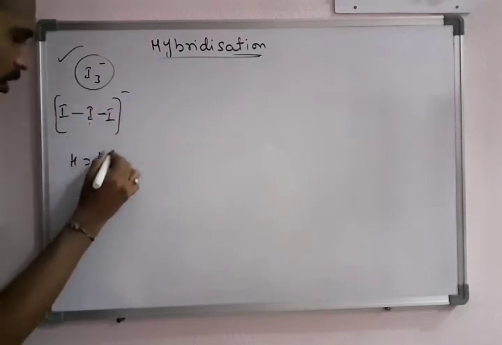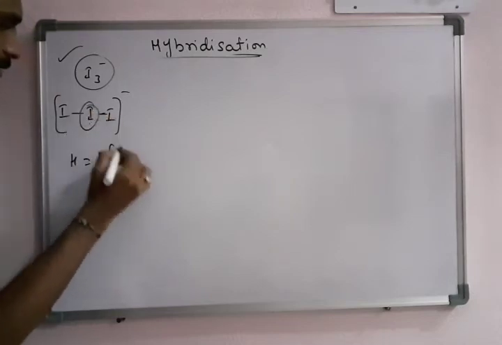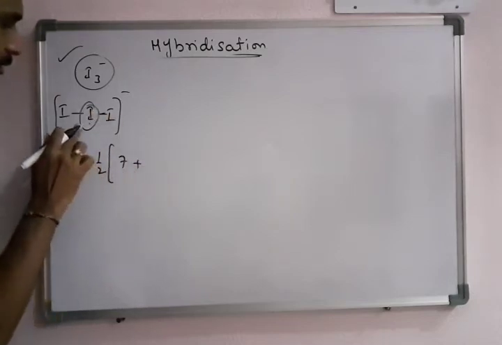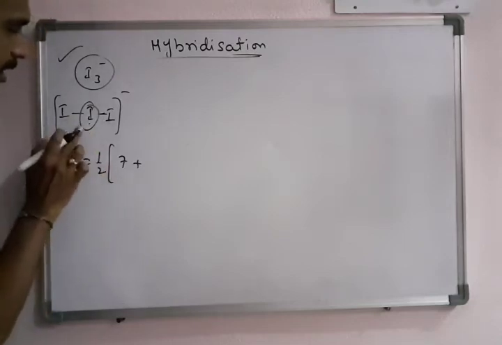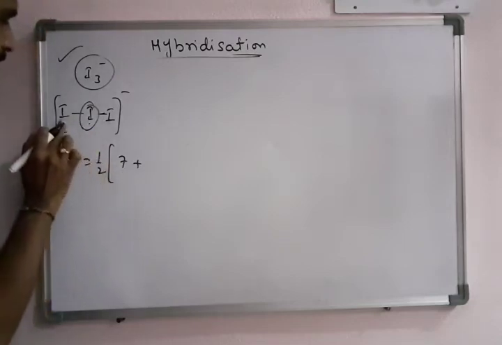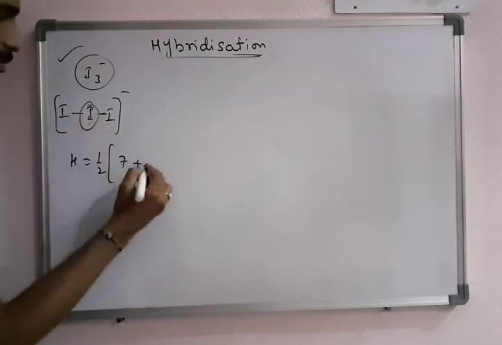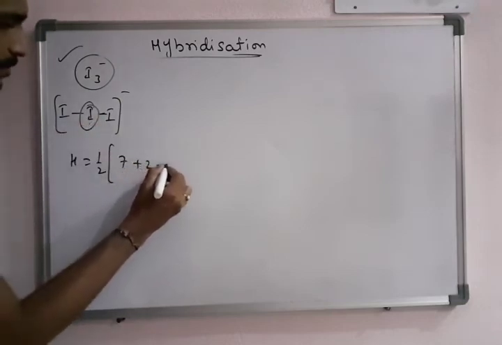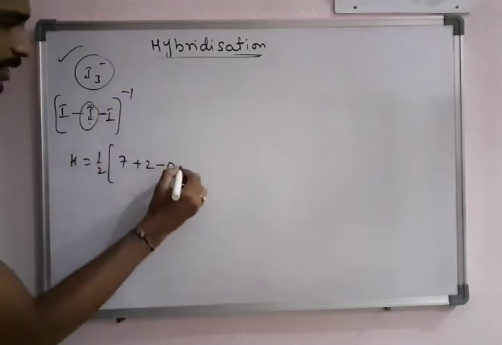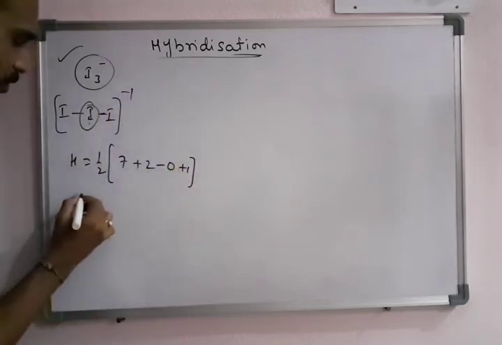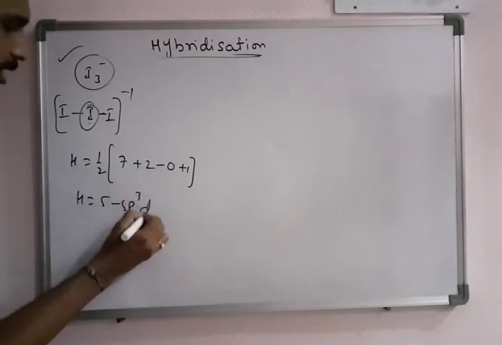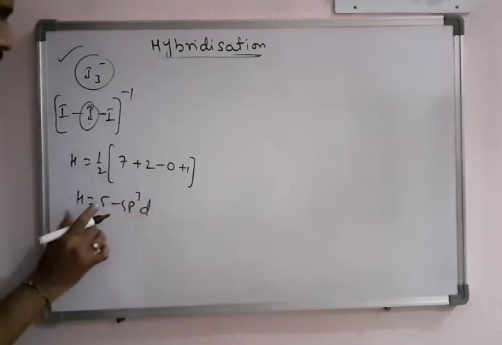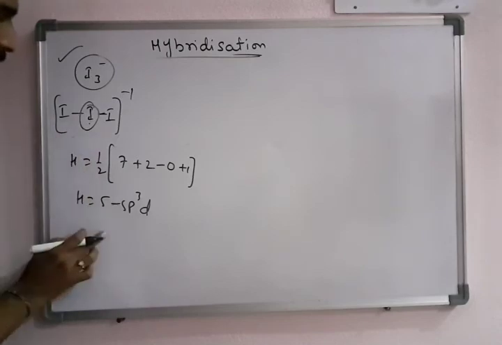We calculate the hybridization for the central iodine. We have 7 valence electrons and 2 monovalent atoms. There is no positive charge. The negative charge is 1 unit. We need to add the negative charge. So here we get H equals 5, that is sp3d. The iodine hybridization in I3 minus is sp3d.